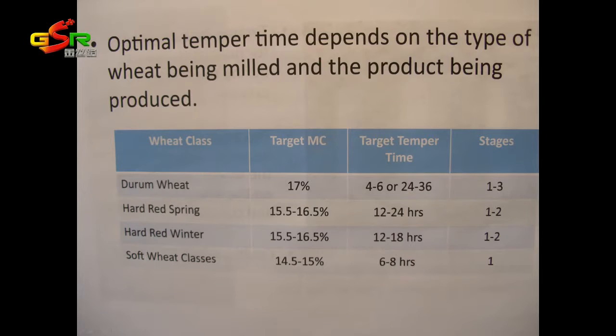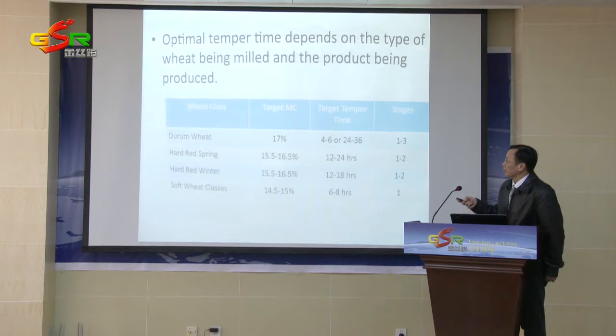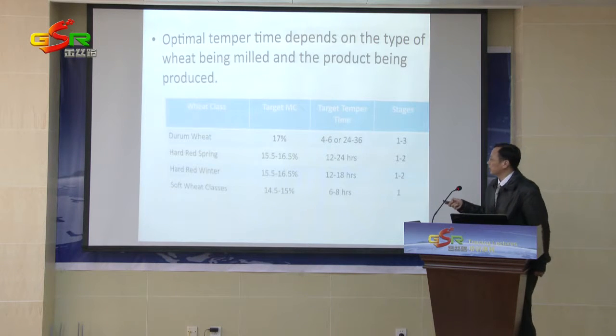This table shows that different wheats have different target moisture contents for milling. For durum wheat, the optimal target moisture content is 15%. For hard red spring wheat, the optimal moisture content is between 15.5 and 16.5%.